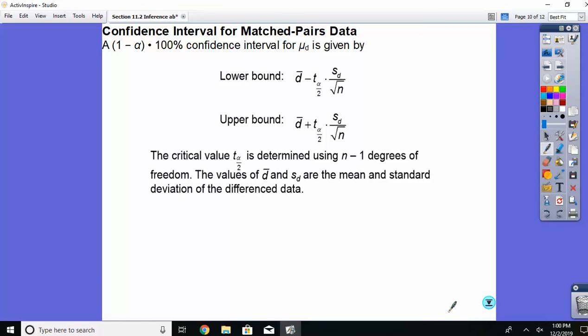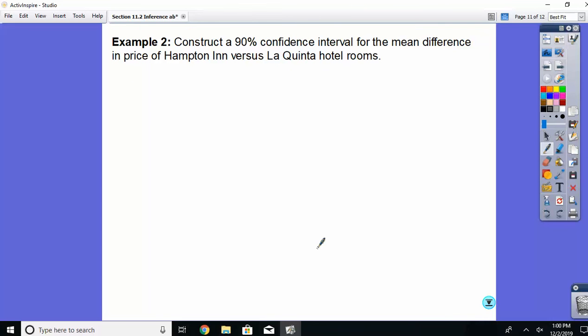Remember you have to watch your degrees of freedom when you calculate your T alpha. And otherwise, it's pretty much the same thing. So let's do one. Let's find a 90% confidence interval for the mean difference in the prices.